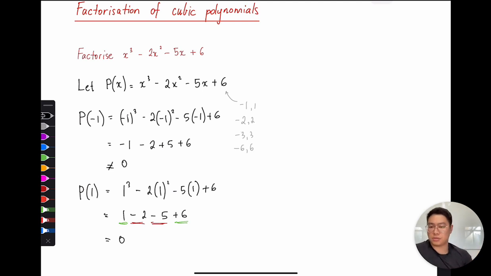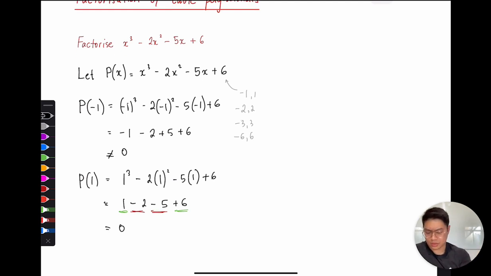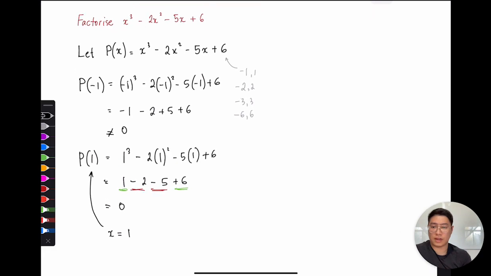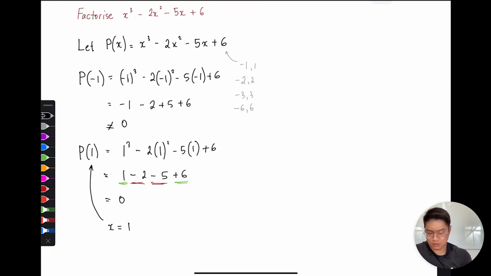Once we know that this equals 0, we can say that the x value that we substituted in is equal to 1. And in order to turn this into a factor, we take the 1 to the other side of the equation. So it becomes x minus 1, and we equate that to 0.